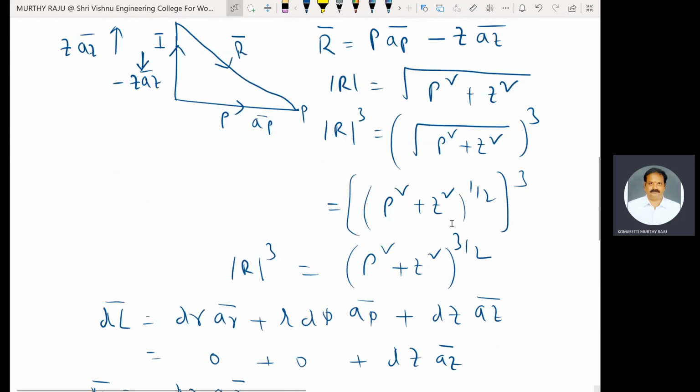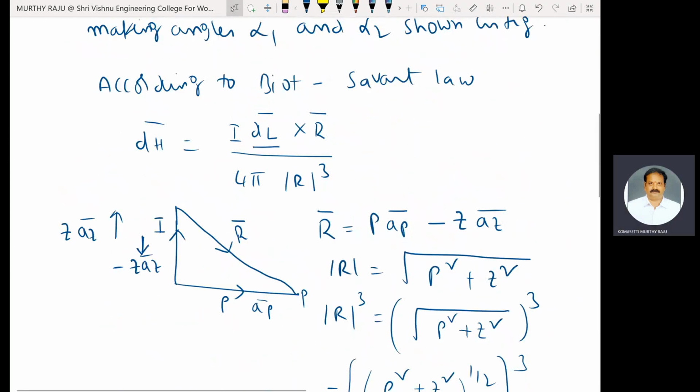Substitute these values of dl bar cross r bar.